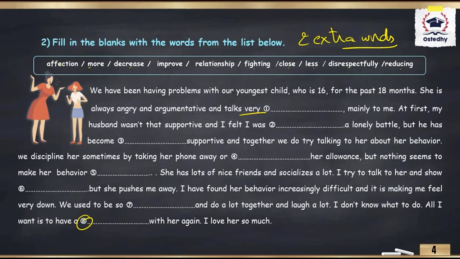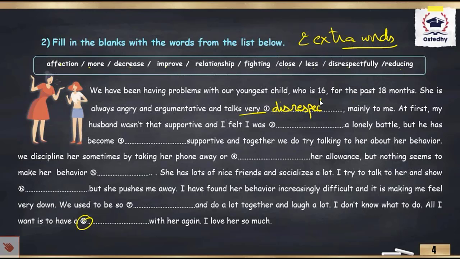But in our situation, we must put an adverb. Which is? Disrespectfully, okay? That is very correct.